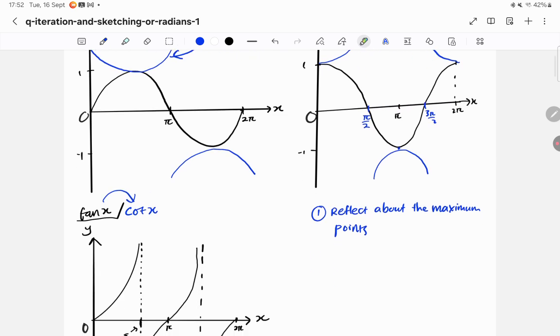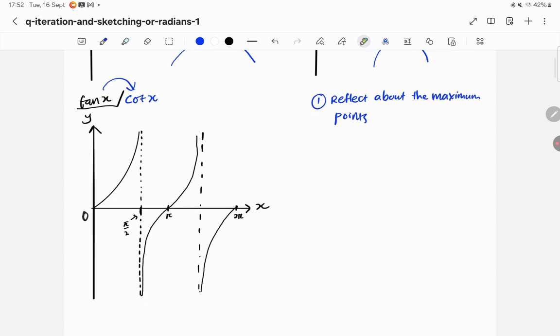All right, and finally we have the cotangent x graph. So this one's a bit of an anomaly, a bit of a weird one, but it's still doable. All you can do is think of the cotangent graph like this.